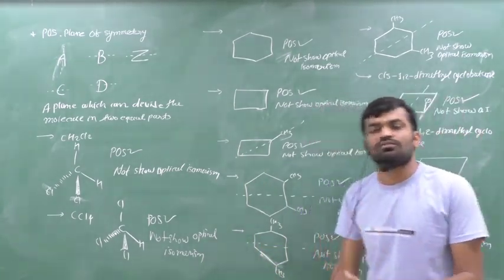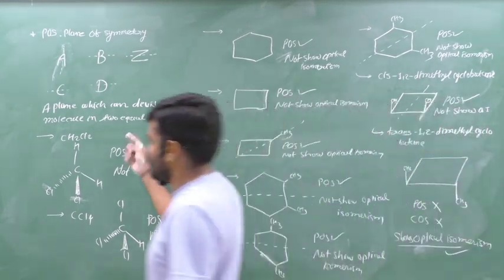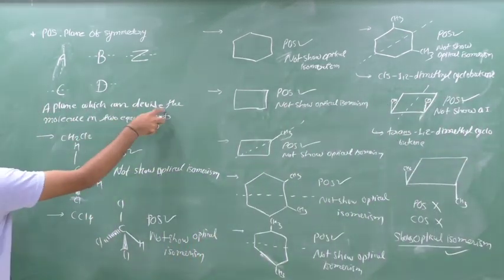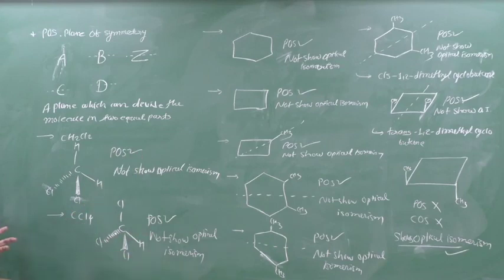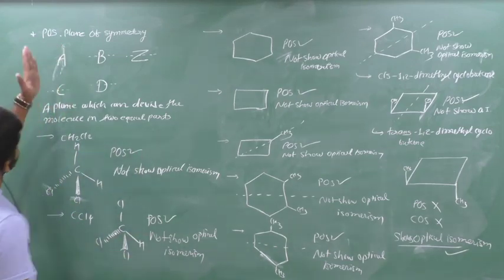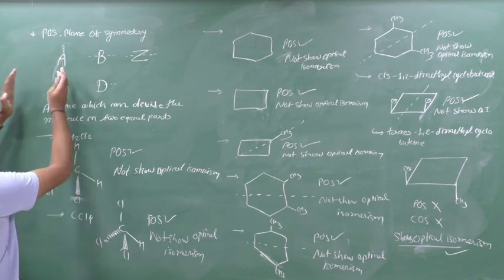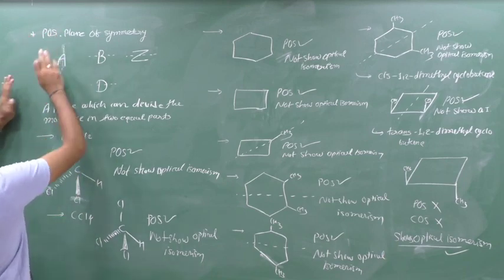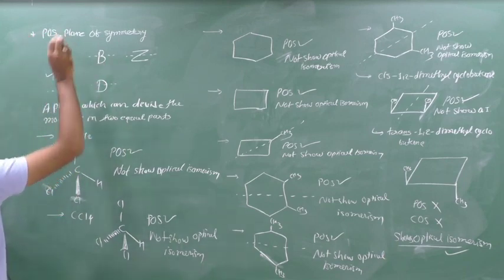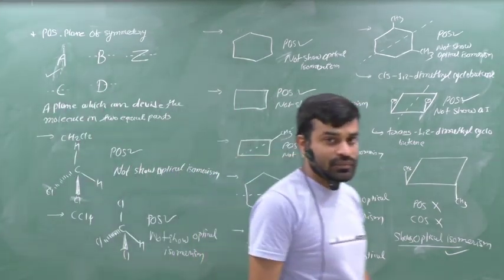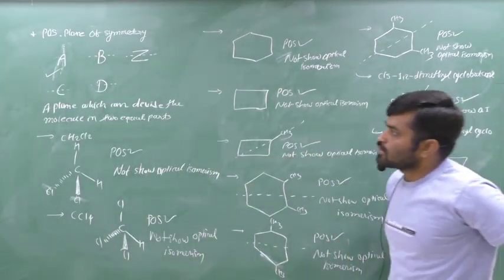Then you can say this compound has a plane of symmetry. It is the definition: a plane which divides the molecule into equal parts is known as a plane of symmetry. If we have the alphabet A and we pass the plane from here, it divides the A into 2 equal parts. Therefore, in A, a plane of symmetry is present.